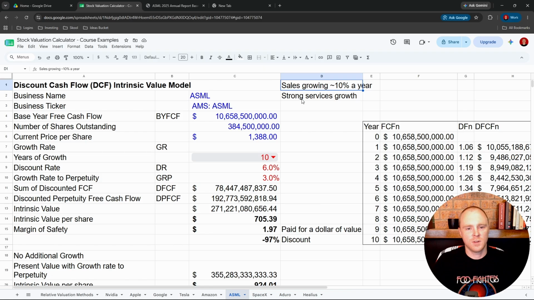Now, the actual sales is growing around 10% a year, and there's actually some really strong services growth. Now, with some competitors coming into the market and the research that I've done thus far, it does look like the business is pretty much going to have a monopoly, at least for the foreseeable future and over the next 10 years.